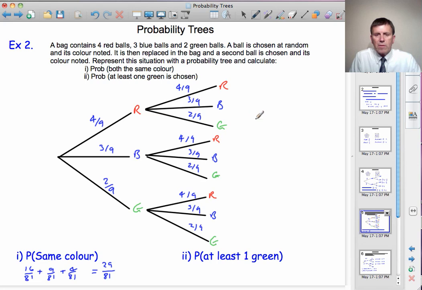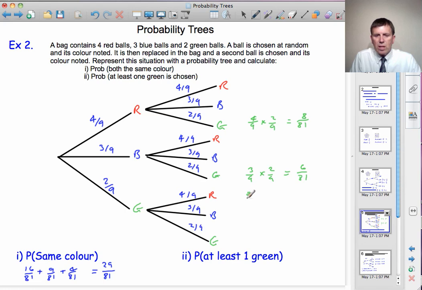This one is 4/9 times 2/9, which is 8/81. Next one's here. This is 3/9 times 2/9, working down the branches. 3 times 2 is 6, so that's 6/81. And now I need to work out all of these 3 because they've all got at least 1 green in here.